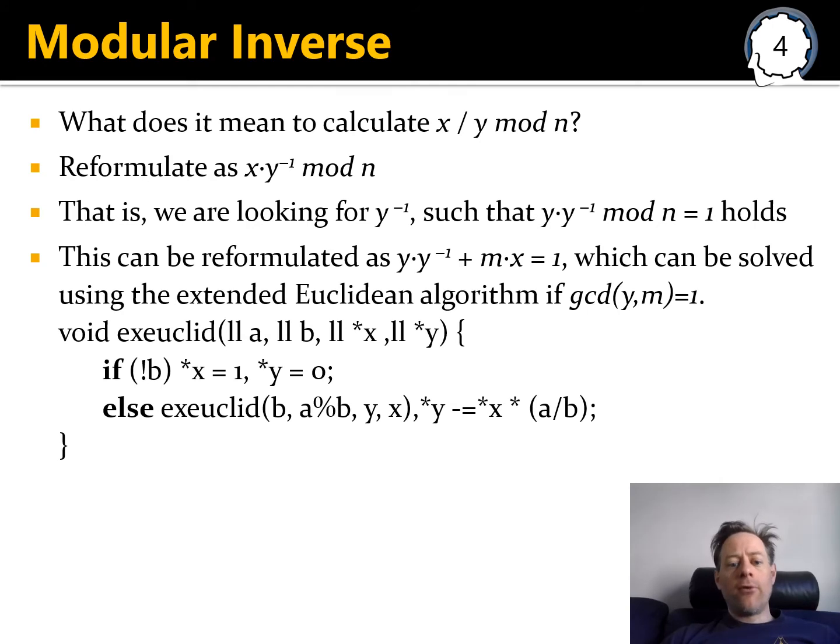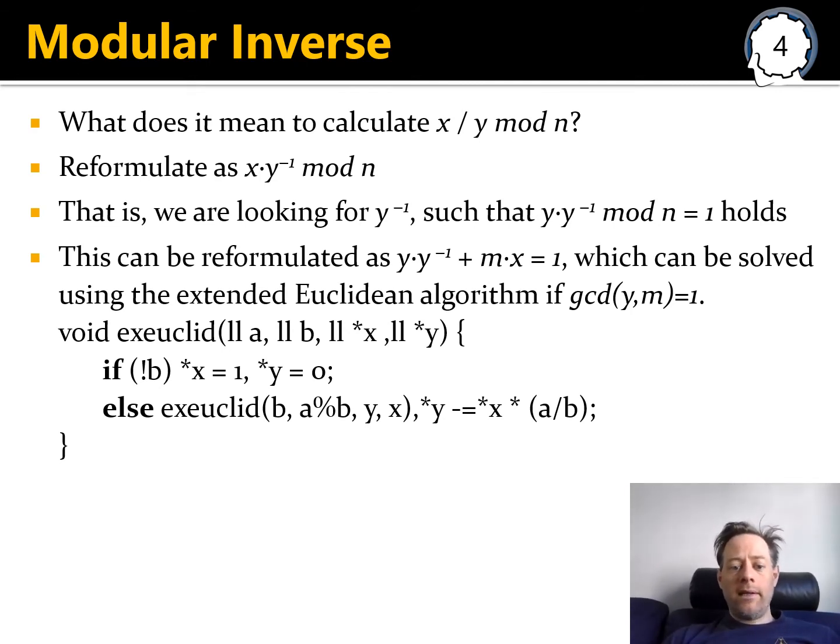And now we can reformulate this as a linear combination. We have y multiplied by y inverse plus m. And now I realize there is a mistake. It should be n. N times x equals 1. Which can then be solved using the extended Euclidean algorithm, but only if y and n are relatively prime.